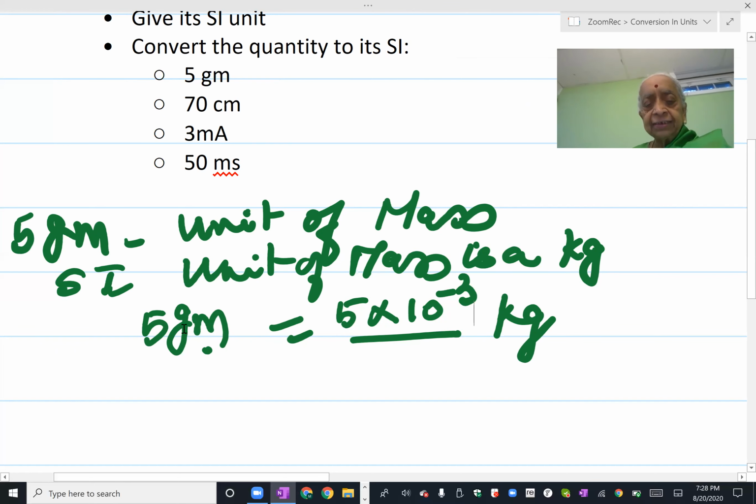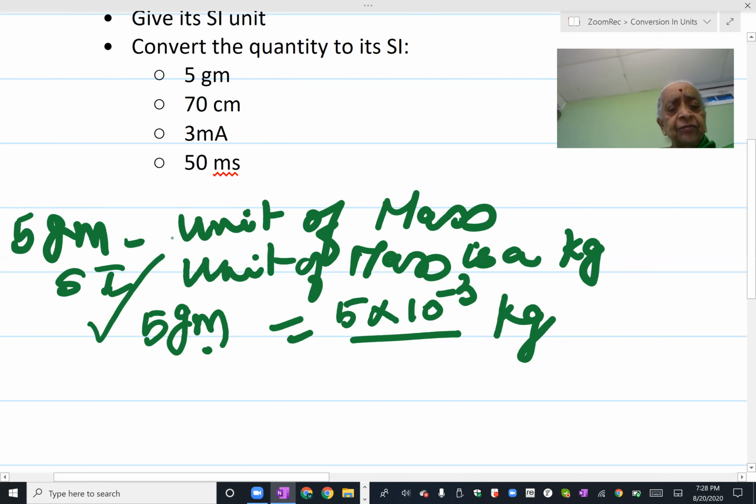So you can just faithfully write the whole thing, because you have gone 3 steps from gram to kilogram, and because gram is a fractional part of a kilogram, it is only a small unit of it, and therefore you multiply it by 10 to the power of minus 3. So this is the way in which you have to do the conversion.